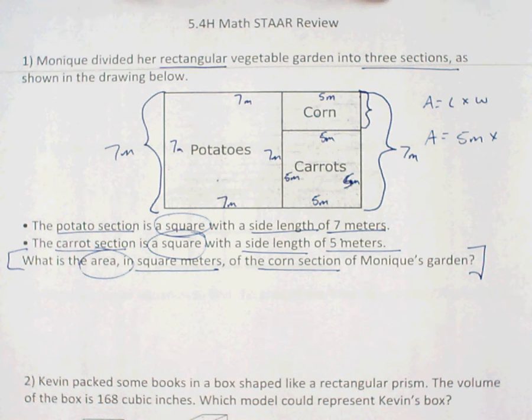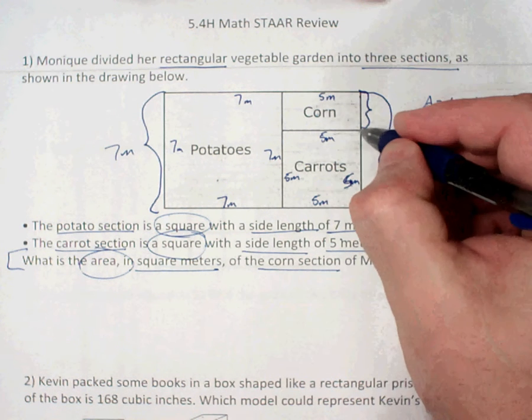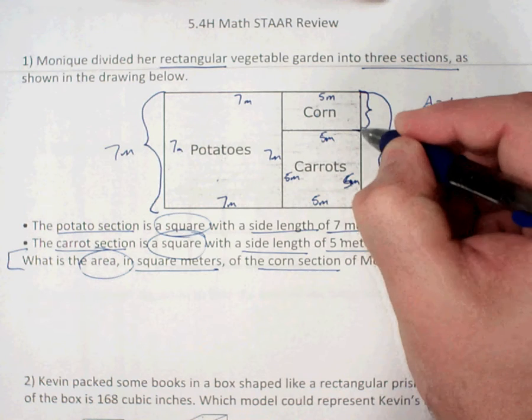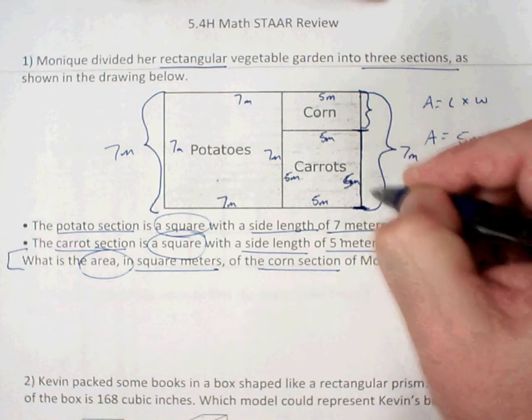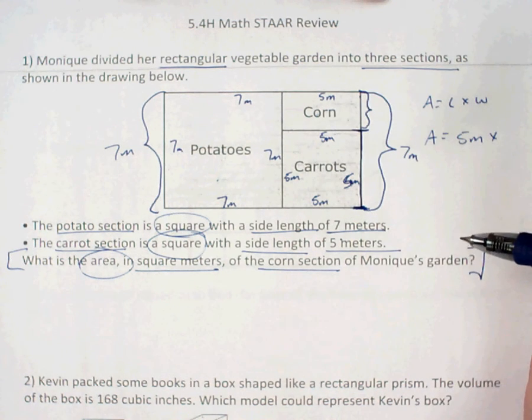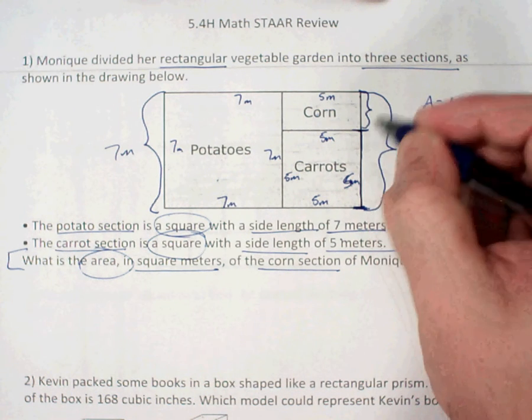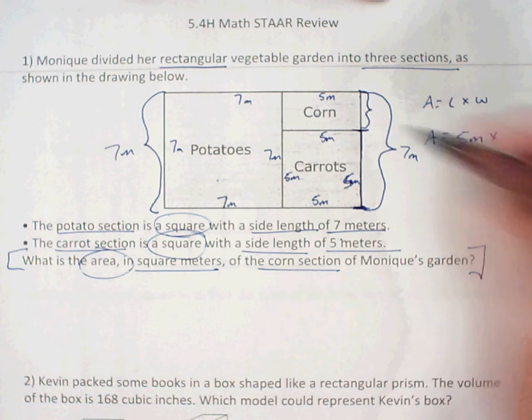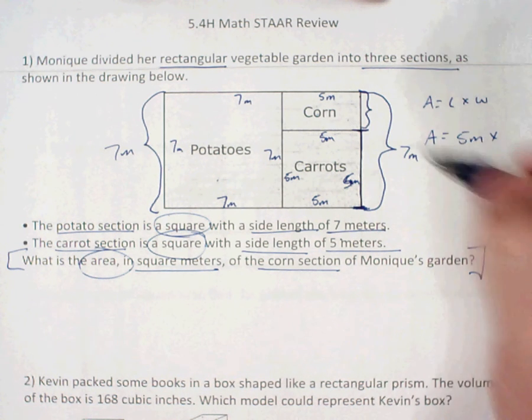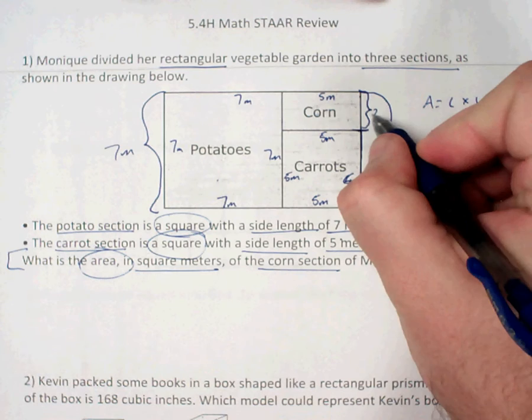All right, now here's why that's helpful. Because I know that this part of the side, from here to here, is 5 meters. So if the whole side is 7 meters and this section is 5, then the leftover piece right here has to be 2 meters, because 7 minus 5 is going to give me 2.